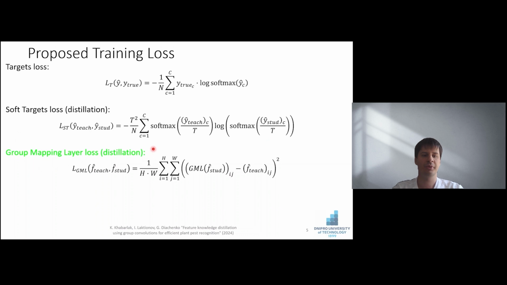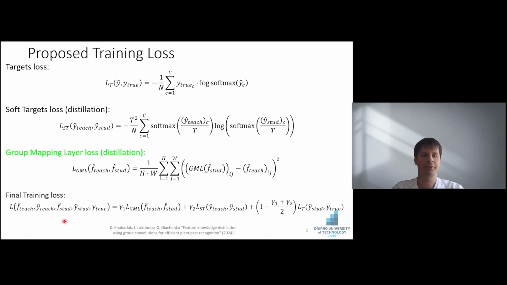That is also a distillation loss, where we compute an average loss for the mapping layer. We apply the mapping layer to the student features, and then we compute the average mean squared error between mapped student features and teacher features.